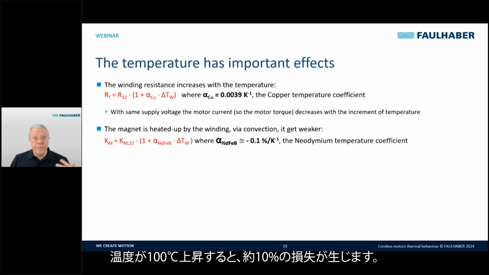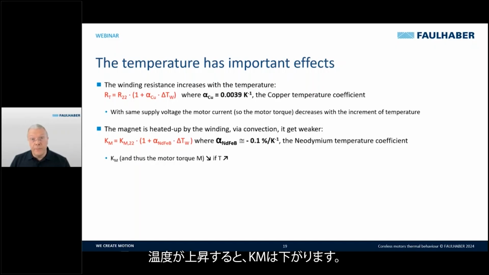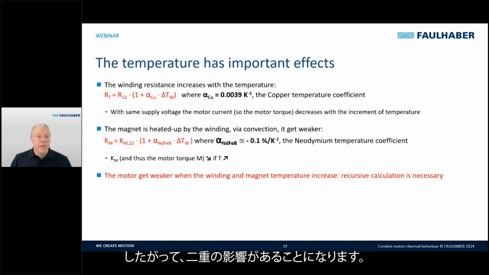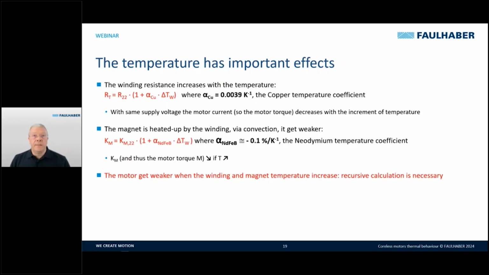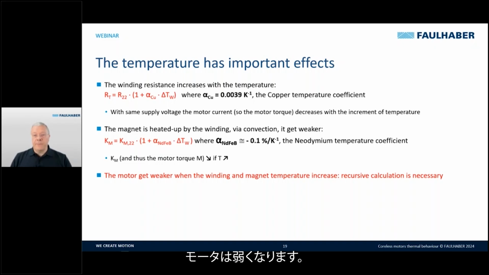We have a loss of around 10% when the temperature is rising 100 degrees. So the Km depends on the motor magnets, so that Km falls down when the temperature increases. So we have a double effect because of this. The motor gets weaker when the winding and the magnet increase the temperature.